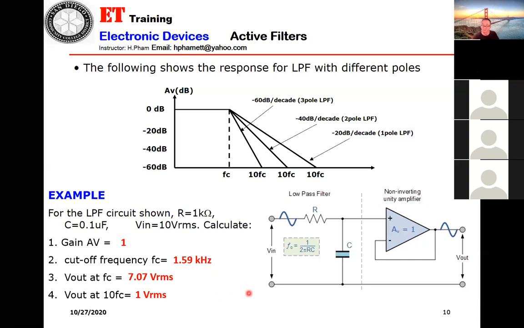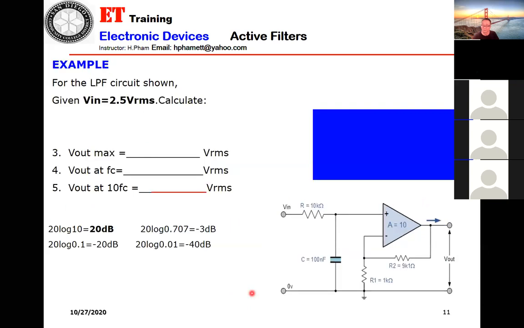Okay, next. Now, on that one, for the LPF, V in is 2.5 volt RMS. They want to know what VO is at the cutoff frequency, and VO at 10 times the cutoff. So you're looking at this circuitry here.